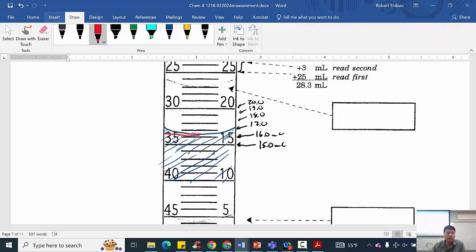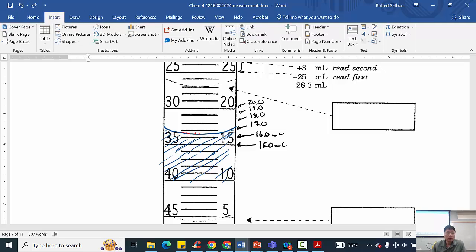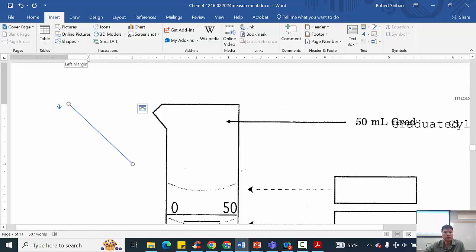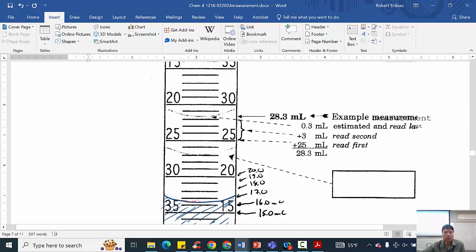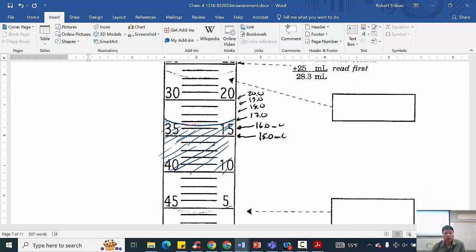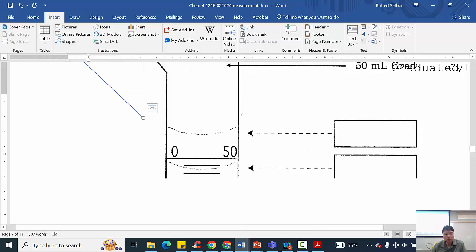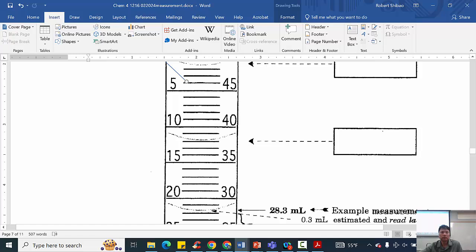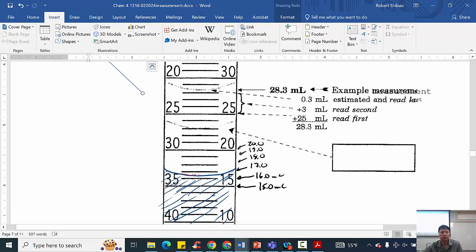Oh, okay, that didn't quite work. All right, so I'm going to measure it from here.